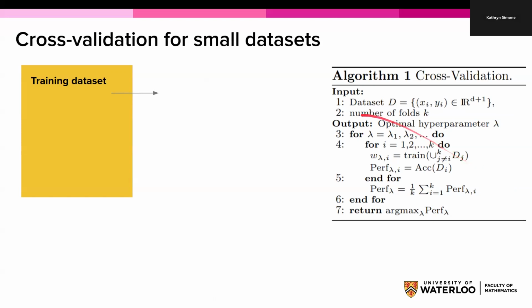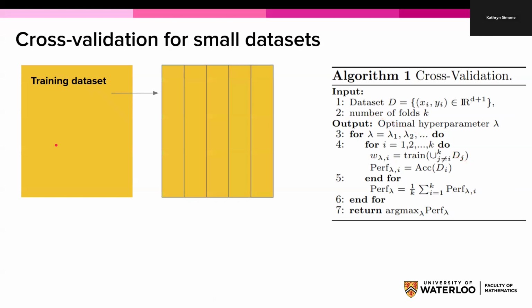And what this is that you have a training data set and you partition it into k subsets, where k is some number like 5 or 10. And so here I've partitioned it into 5 sets. And so what you do is that you train on, say, 4 out of 5, and then you use the last one to validate your data.